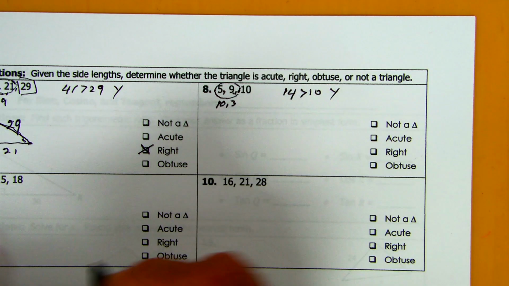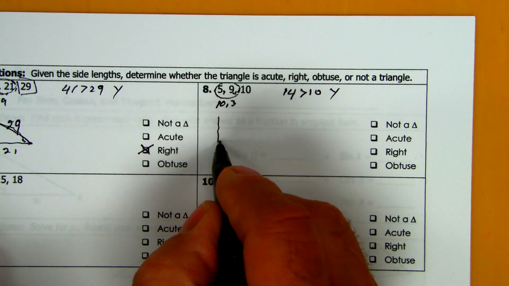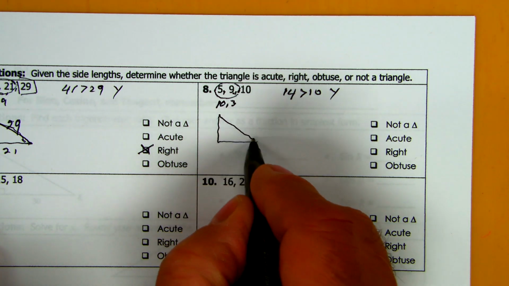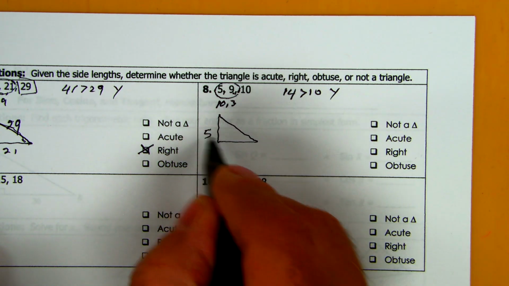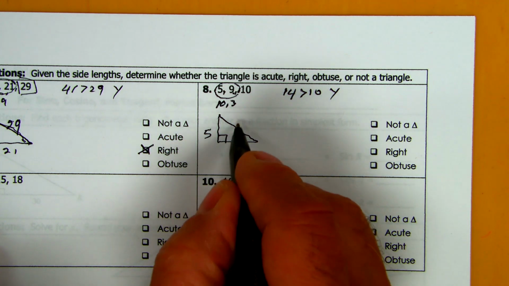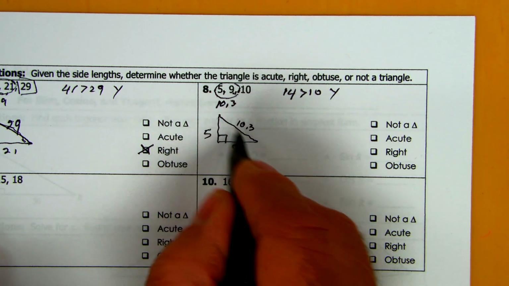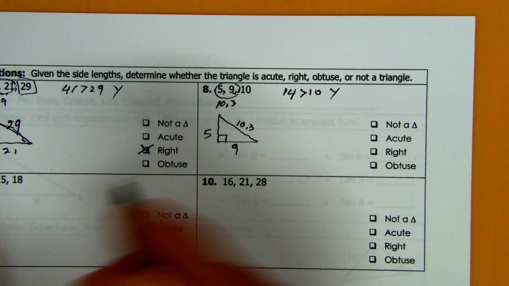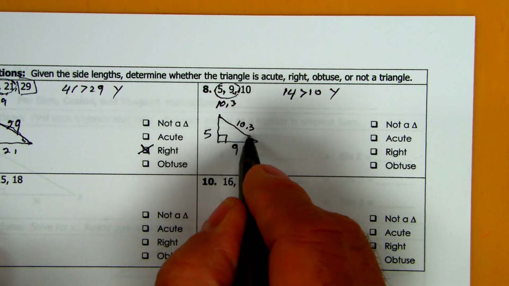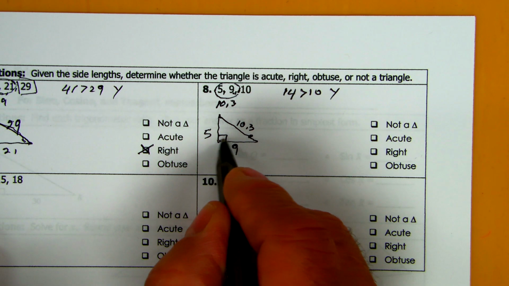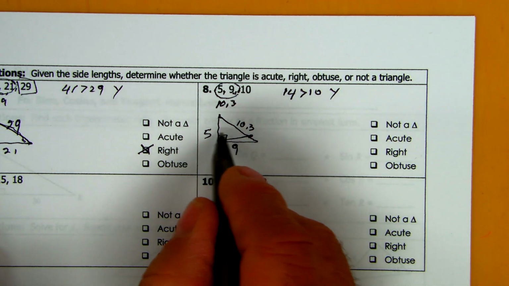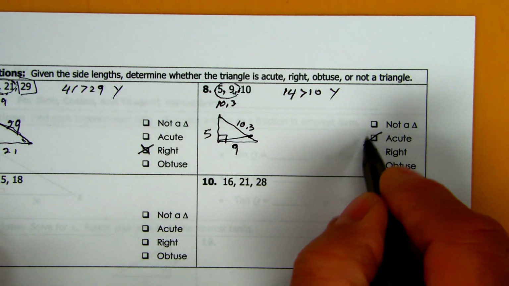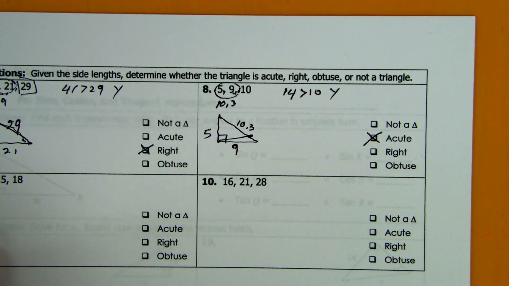Okay, so if I had a triangle here with sides 5 and 9, I'd have 10.3 to make that a right triangle. But you see, I don't have 10.3, I have 10, so it's not quite that long. So what happens is, I have less than a 90-degree triangle. Less than 90 degrees would be acute.